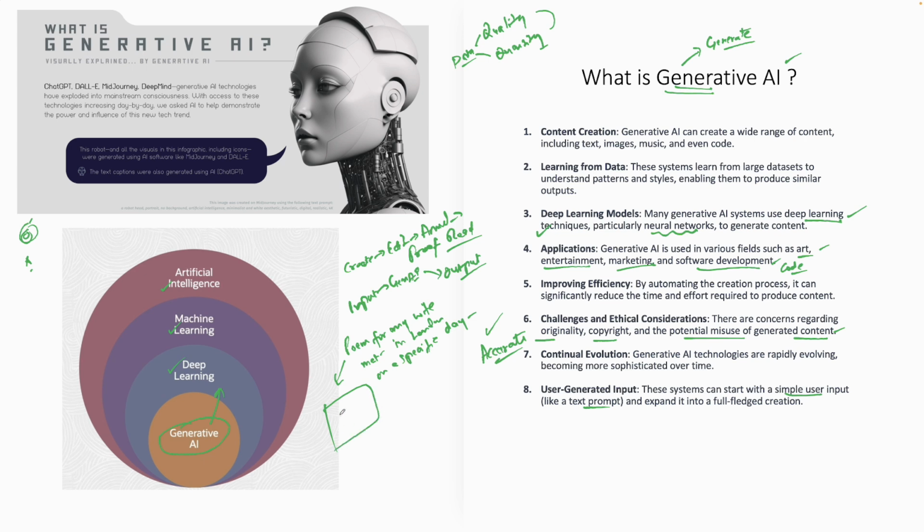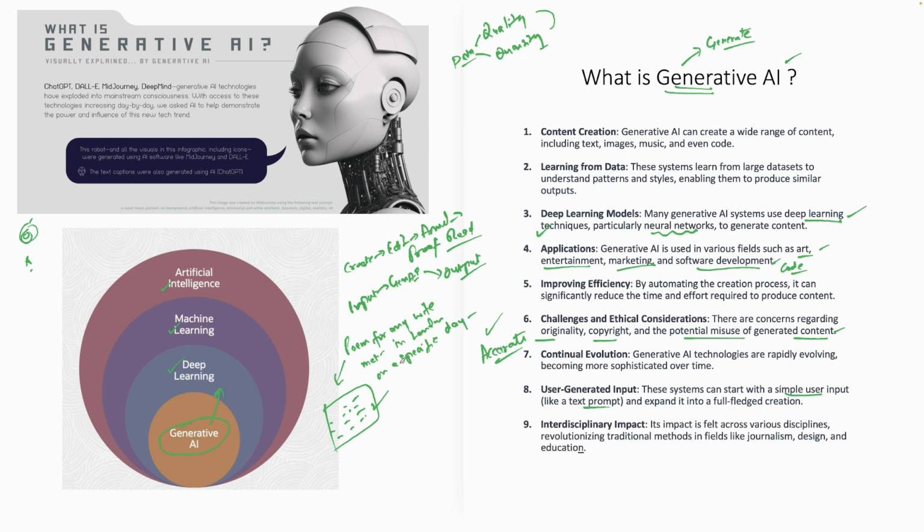You will be surprised that within a few seconds it will come up with a complete poem. That's why it's user-generated input. You are starting with simple, plain English. You say, please write me a poem on this, or write me an essay on this, or give me some bullet points on a specific thing, and it will expand into a full-fledged text.